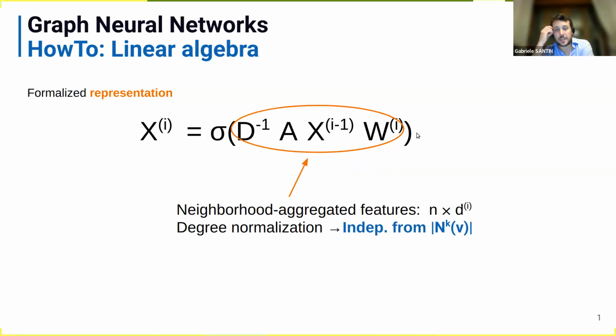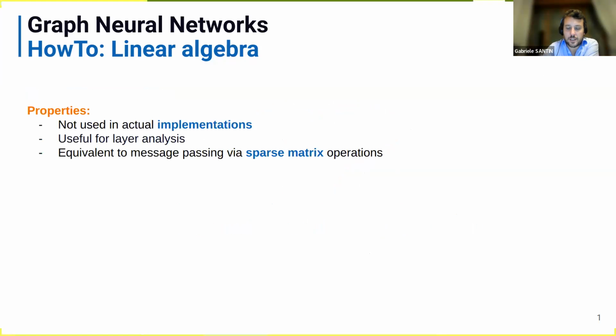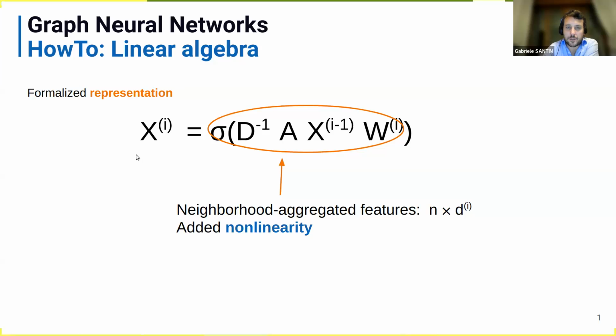And then we do a normalization by the degree, so once again we are now invariant and also independent of the cardinality of the neighborhood. Then, when we apply the nonlinearity, we have an entire GNN layer, which gives us the new embedding of the node, the new features of the node at the next iteration. So this is a way to write in terms of linear algebra the same operation that was plotted before in terms of message passing along the computational graph.